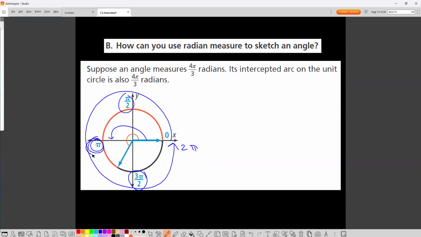So if this is a whole pi, a third is pi over 3 to here, and then a pi over 3 here, so 2 pi over 3, and then 3 pi over 3 right here would be the same as this whole pi. And so 4 pi over 3 is going to be right down there.